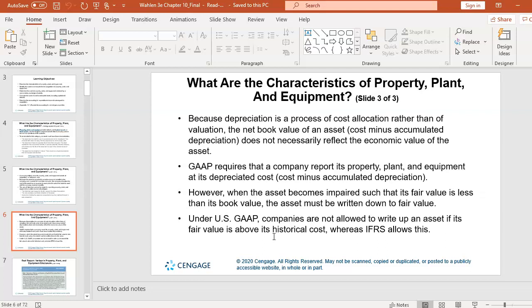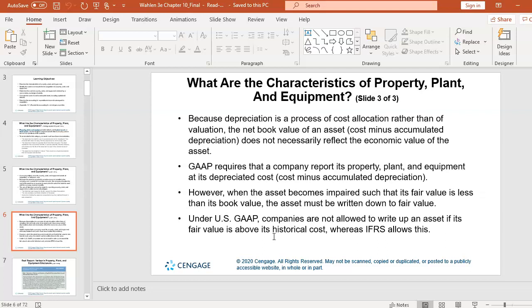So it's not necessarily new information. We're just going to look at it again and maybe from a few different angles than you did in your principles class. But remember what depreciation is: it's allocating the cost of an asset over its useful life. You want to allocate cost to expense over the useful life of the asset. That's really the big thing we're looking at here.